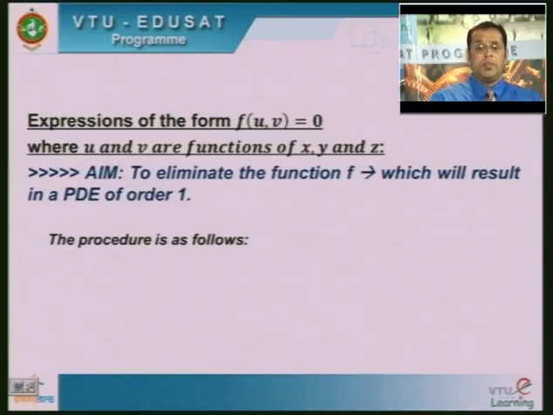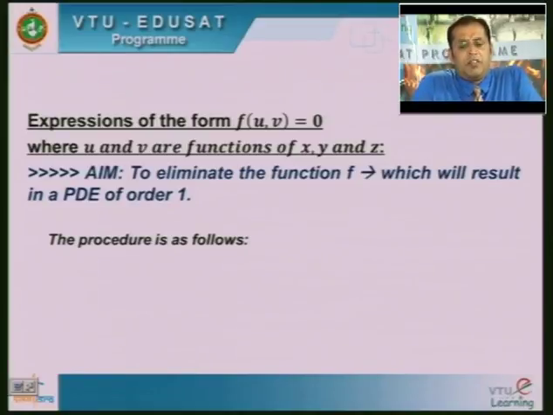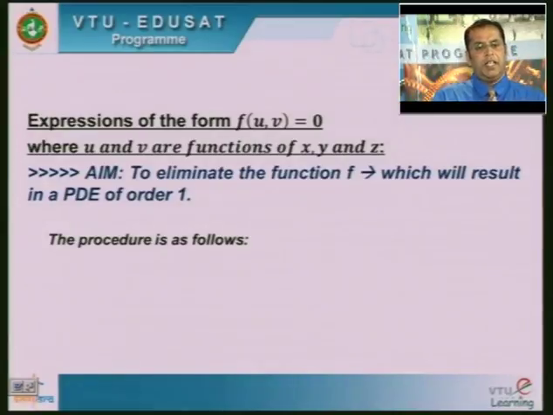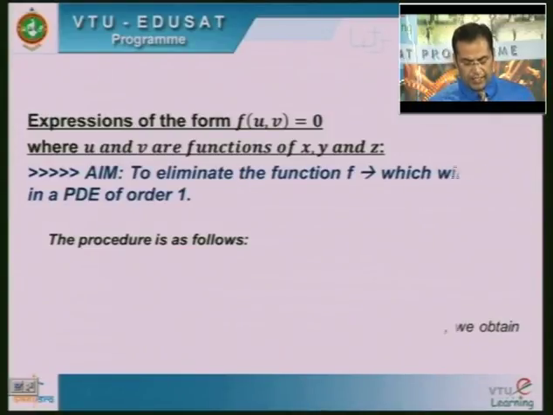What is the aim? To eliminate the function f, which will result in a PDE of order 1. So, again the PDE will contain only p and q. Now, these examples in particular require some theory part to be written. Now, the exact procedure for the theory part is shown in the next slide.